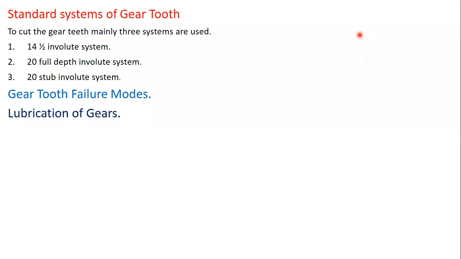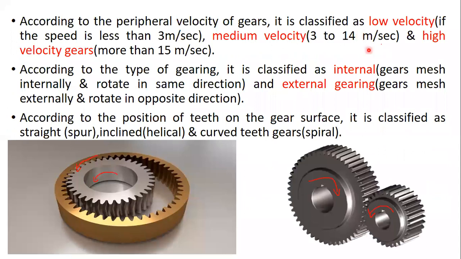To separate the teeth, the lubricant is used to make sure that both teeth are separated such that the wear will be less, and it will remove the heat from the gears, as there will be friction between two gears.